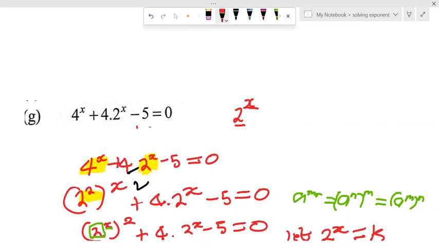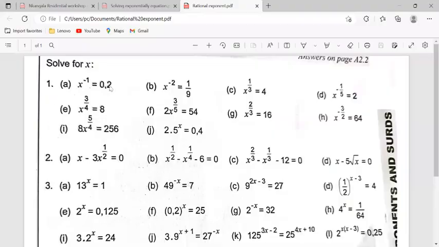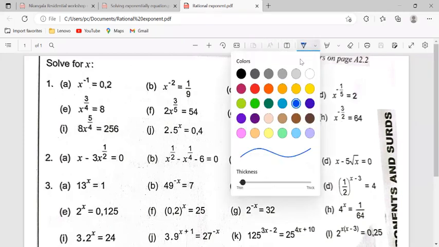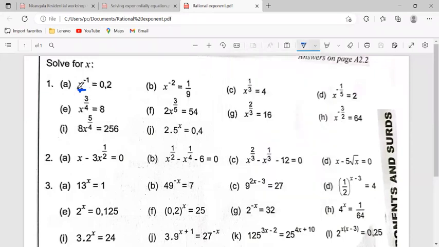What I want us to do today is to look at questions that are more complicated than what we've already done. It's not as if we are doing this for the first time. So you can solve questions whereby you have the base as a variable, and then you have the index here.